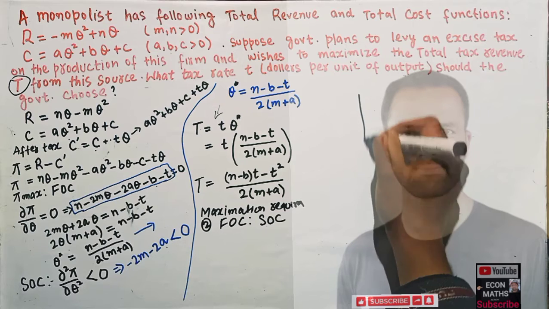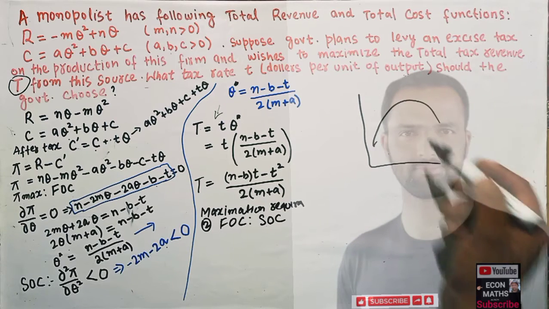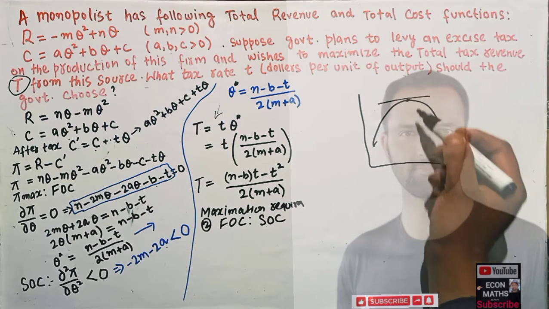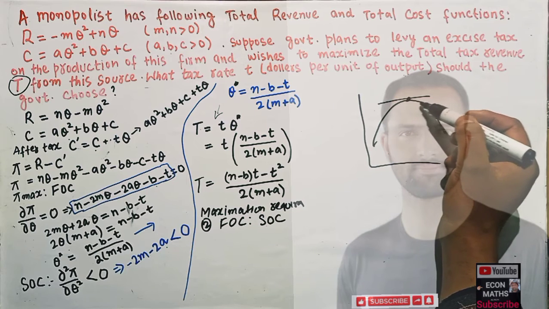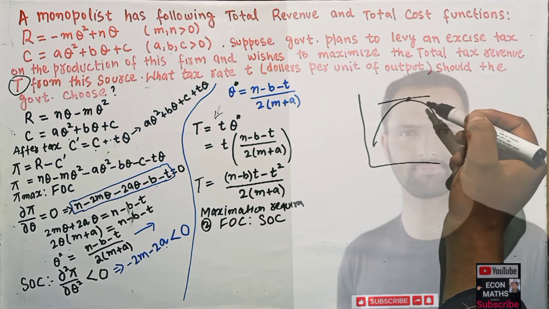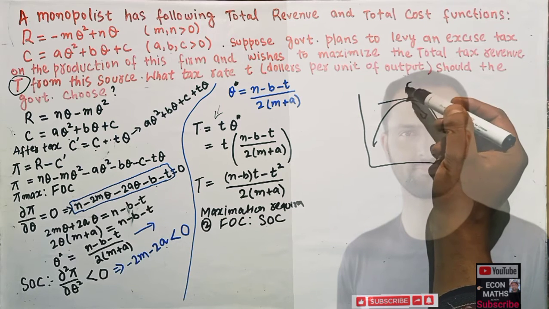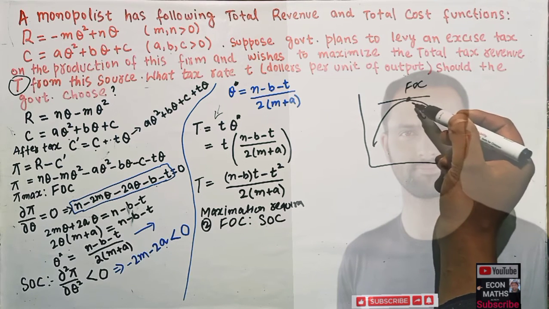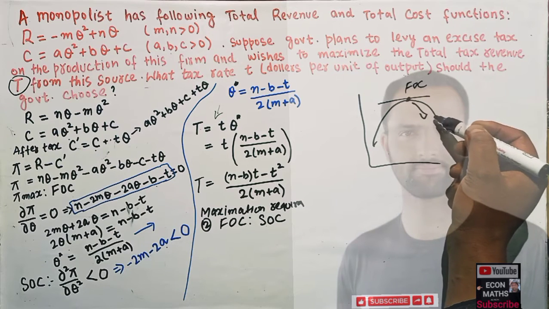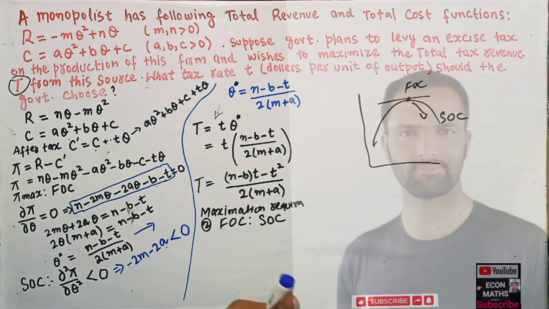Always when we have to maximize, first we need to find the slope, and second we need to find whether after attaining the maximum the slope is negative. This is for the first order condition. To find that the slope is negative after attaining the maximum, we use the second order condition, as I have explained earlier.